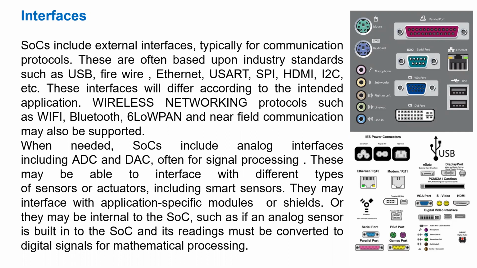Okay, so typically you can see the various communication protocols, standard protocols which are available in the market. They are available as interfaces on your system on chip. For example, if you consider industry standards such as USB bus, Firewire, Ethernet, USART, SPI, HDMI, I2C, all these interfaces are present on your system on chip.